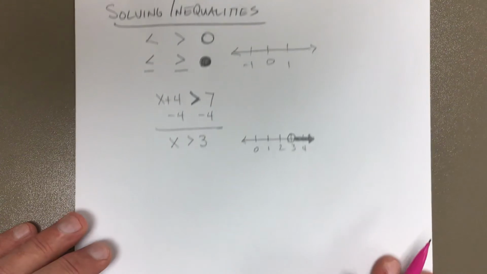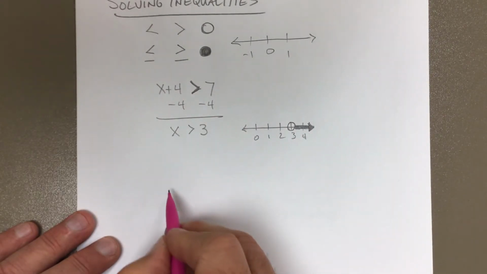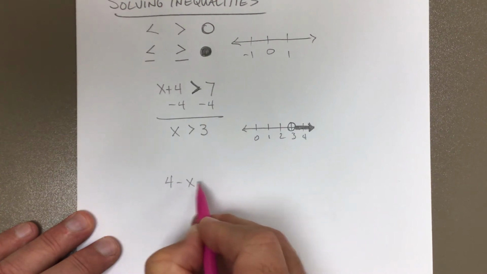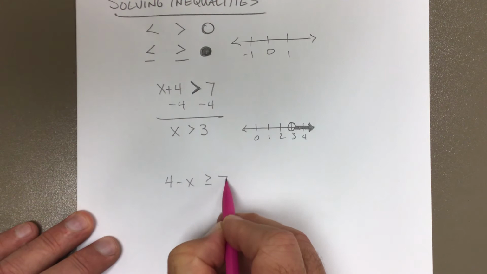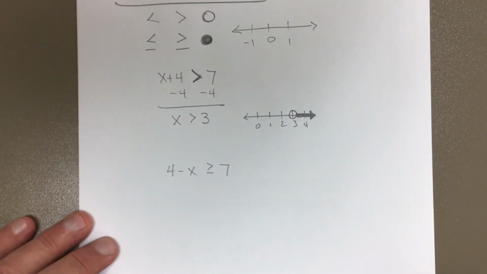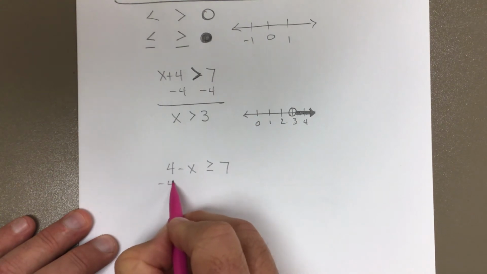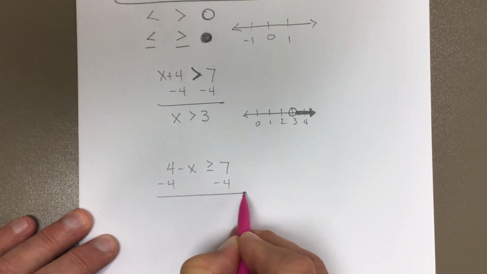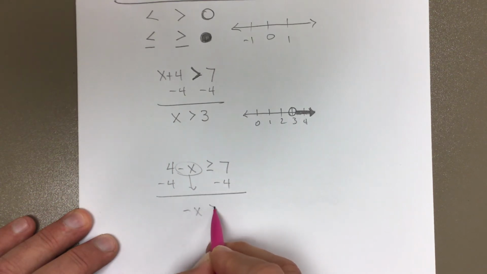Now there's also one little thing that we have to remember, and that is when we have to flip the sign. Remember, we flip the sign when we divide or multiply by a negative number. So if we have 4 minus x is greater than or equal to 7, if I subtract 4 from both sides, this negative x comes down.